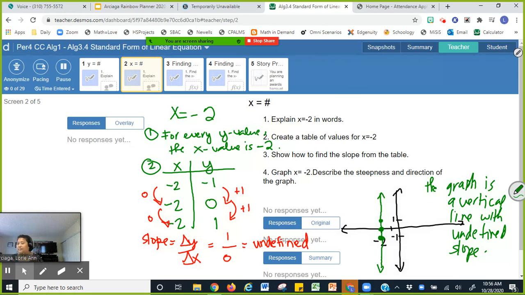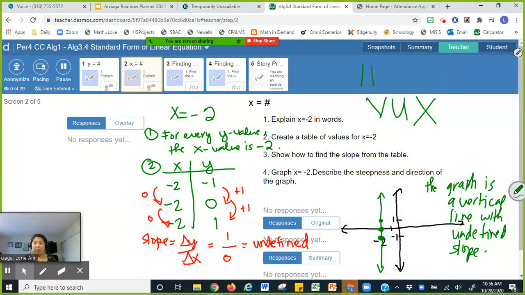Those are the two types of lines that only have one variable in their equation: either y equal to or x equal to. Now, to memorize this, I came up with VUX.